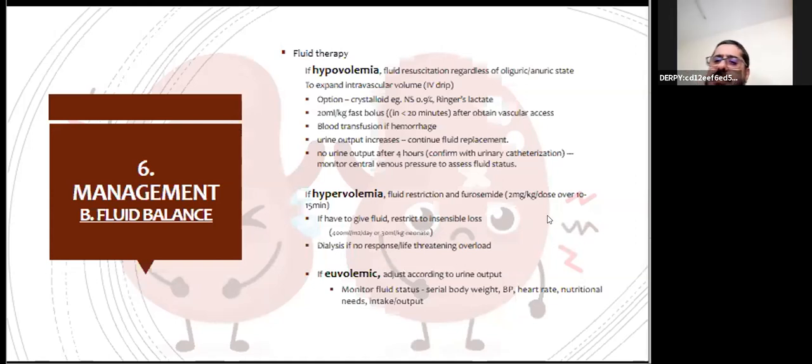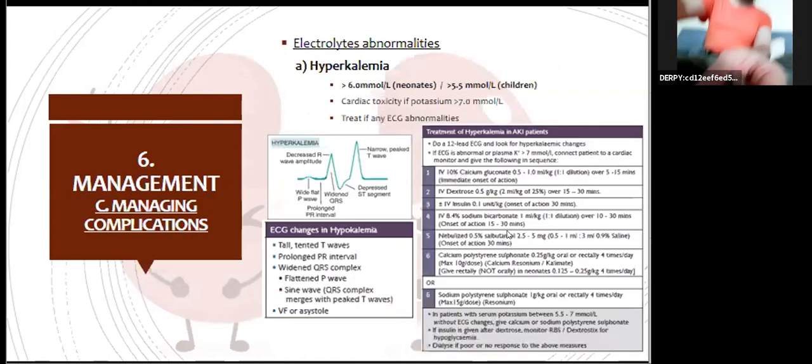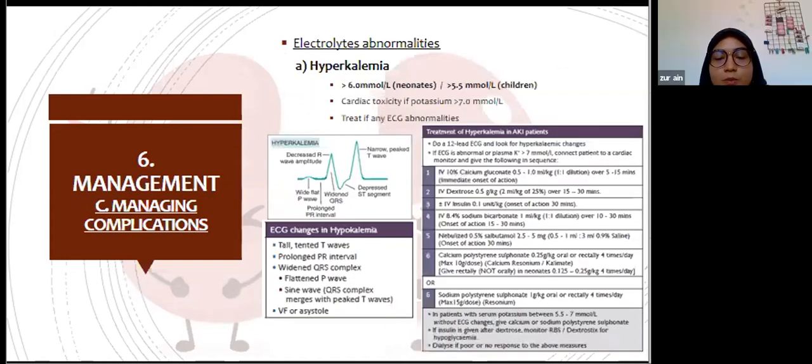Okay, so next, managing complications, which are mainly due to electrolyte abnormality or imbalance. For hyperkalemia, it is usually defined as more than 6 millimole per liter in neonates or more than 5.5 millimole per liter in children.